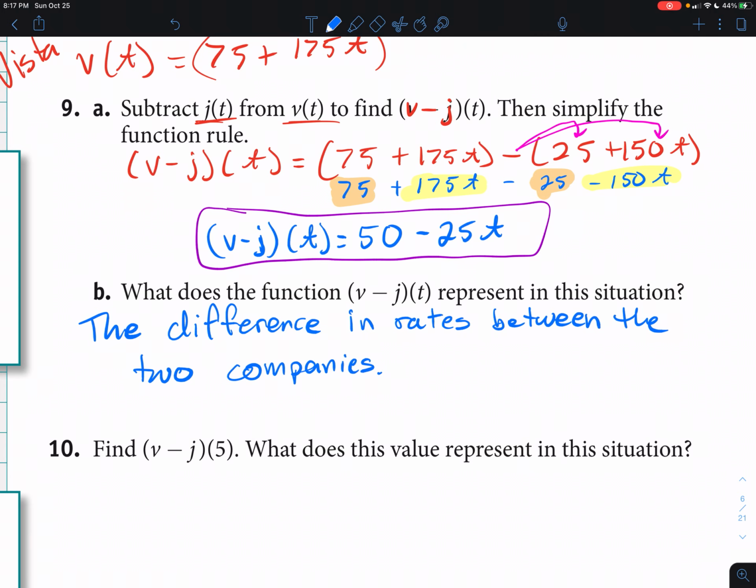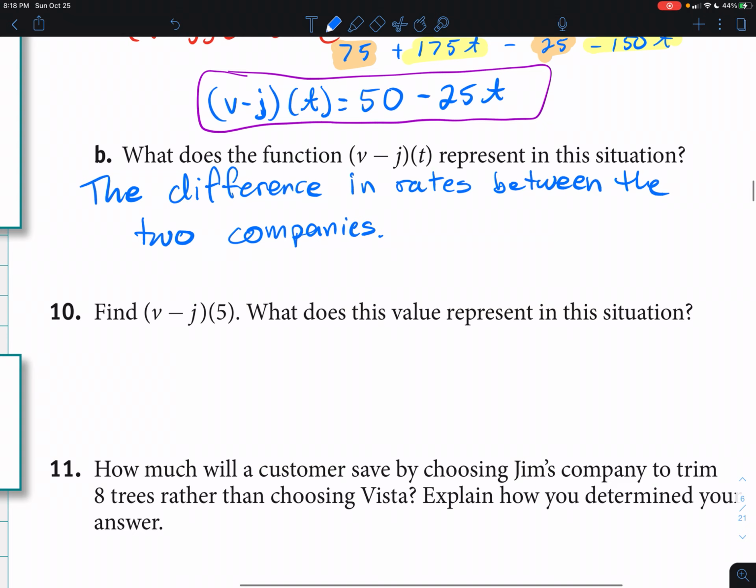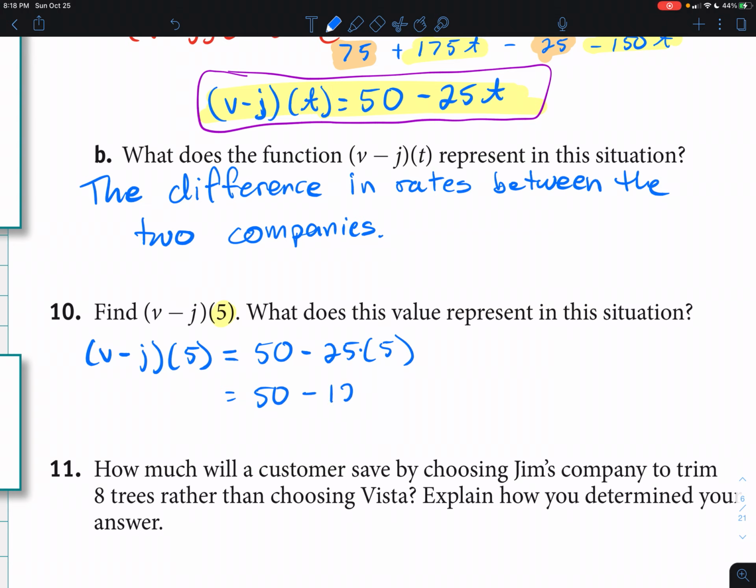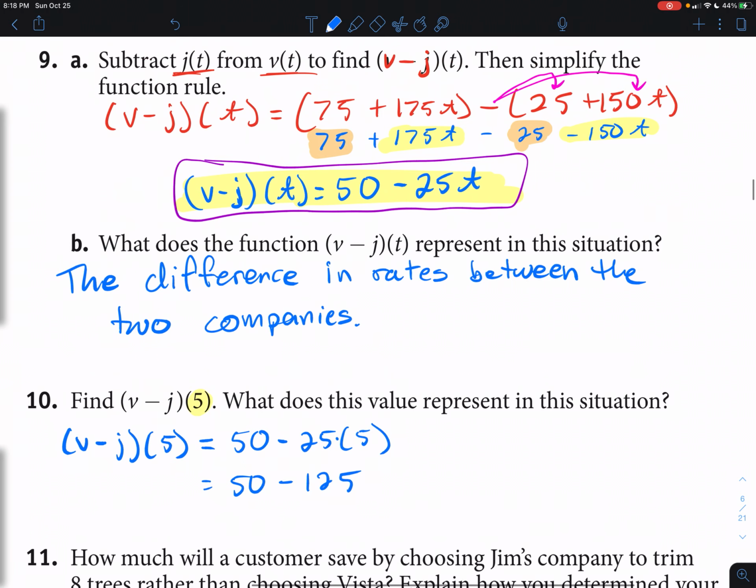Okay, and then number 10, find V minus J of 5. This is just saying plug 5 into the thing that you just found up here. V minus J of 5 is going to give us 50 plus 25 times 5. 25 times 5, we'll do that first, order of operations. We're going to get 50 plus 125. I messed up.